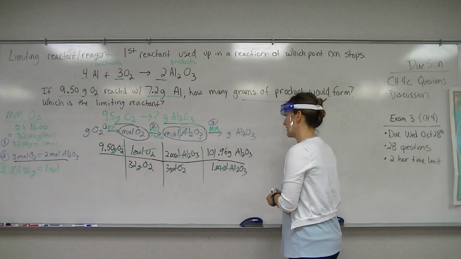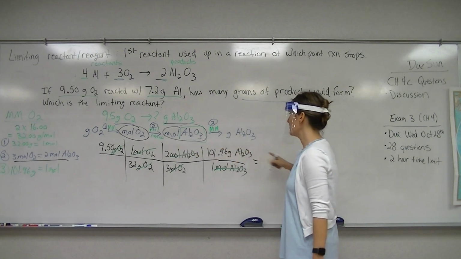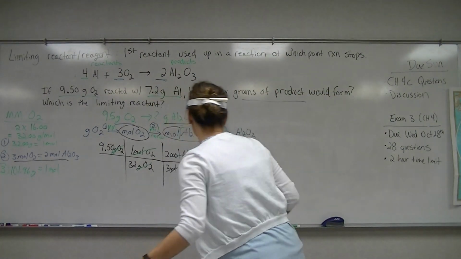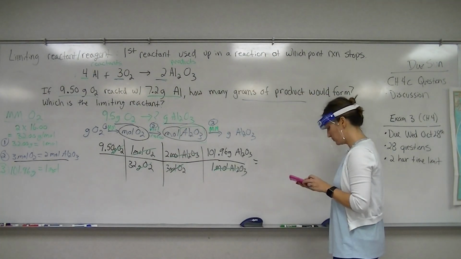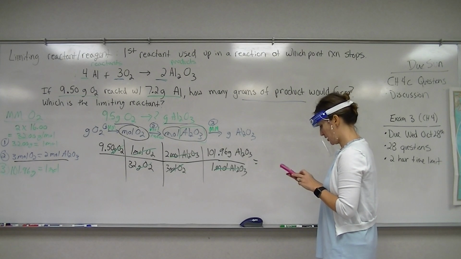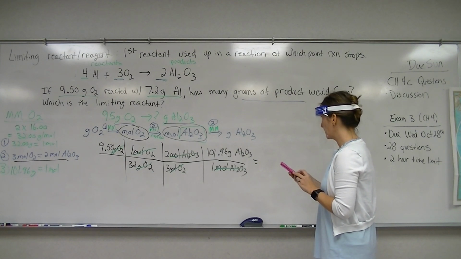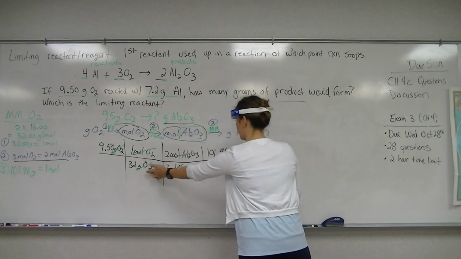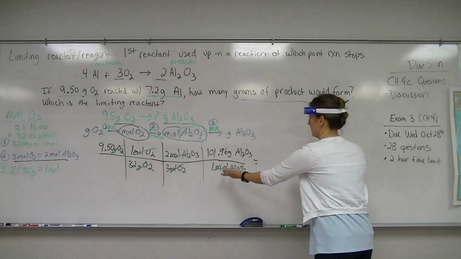So calculate this out. Multiply everything on top. So 9.50 times 2 times 101.96, and divide that whole thing by 32, whatever's on the bottom, times 3 times 1.